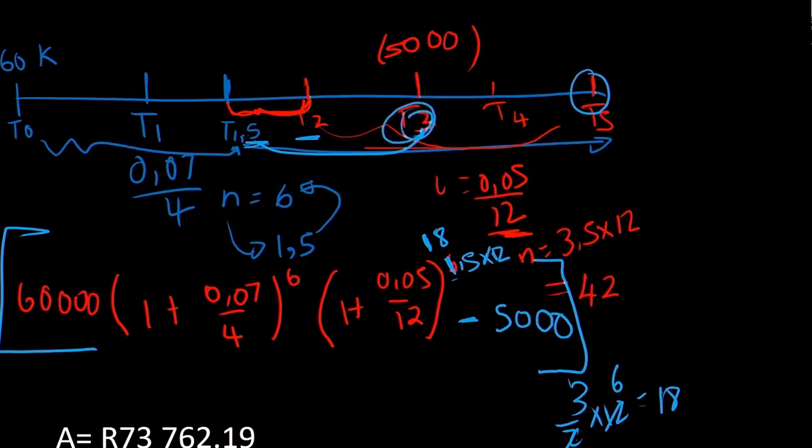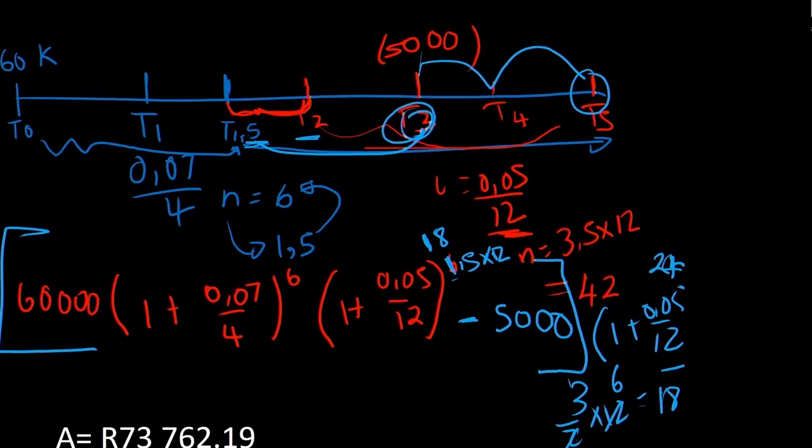I've taken 5,000 Rand out, so I've subtracted 5,000. I now need to move to the end of year 5. So therefore I'm going to multiply by 1 plus 0,05 over 12 raised to the power of, so we've got 2 years left. 2 times 12 is 24.